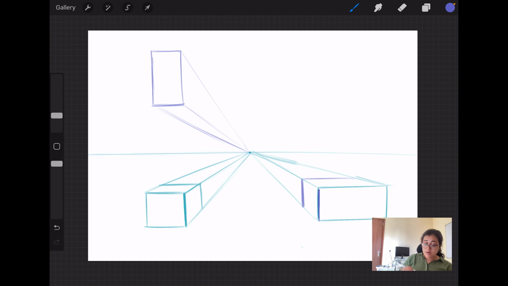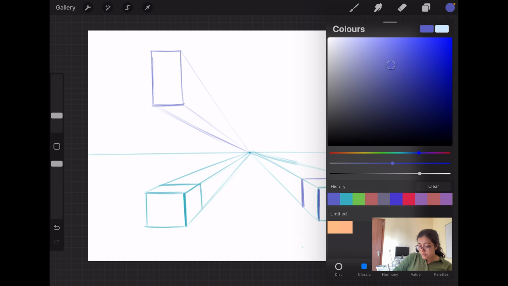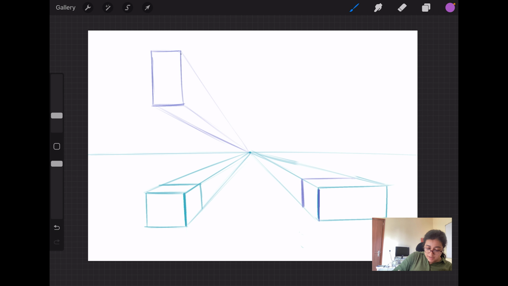Now just like the front side, I'm going to take a different color again. This is the front side. This is going to be my back side. This is the front side. This is going to be my back side. See, that's how I make 3D cuboids.